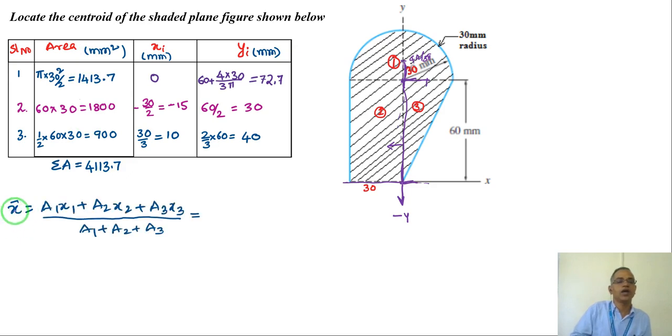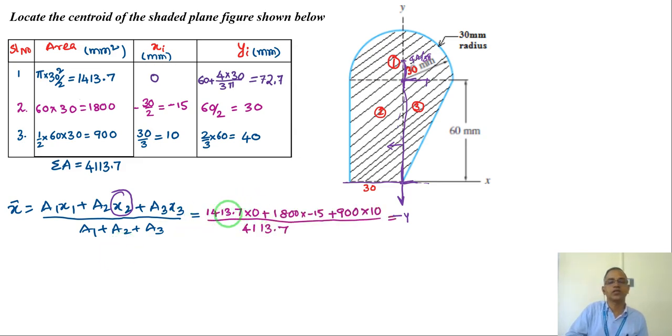So the x bar will be a1x1 plus a2x2 plus a3x3 by a1 plus a2 plus a3. Now I am not reducing area, but the only thing is I have one coordinate, x coordinate as minus. So which is x2, right? x2 is minus. I have to simply substitute this as a minus. That's all. So a1 x1, a2 x2, x2 is minus.